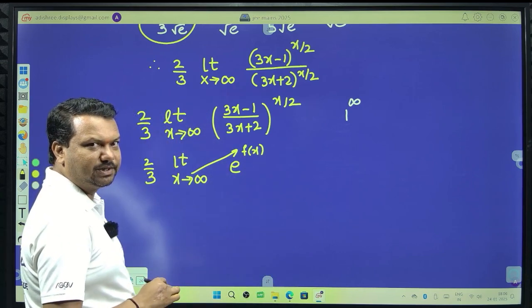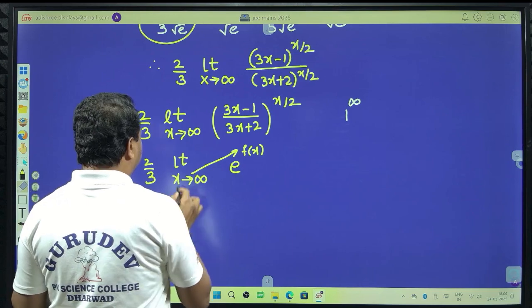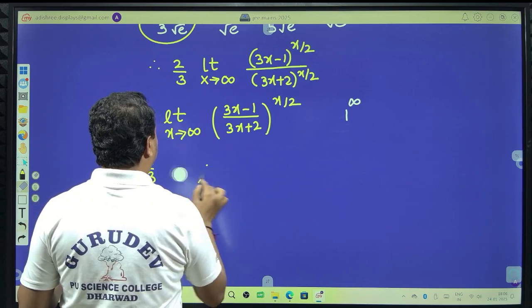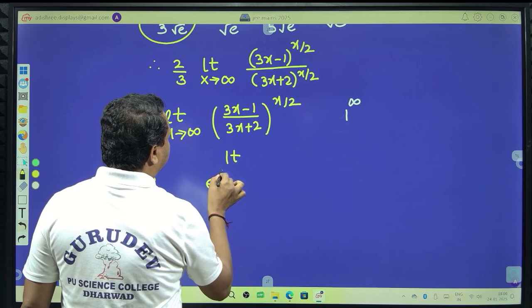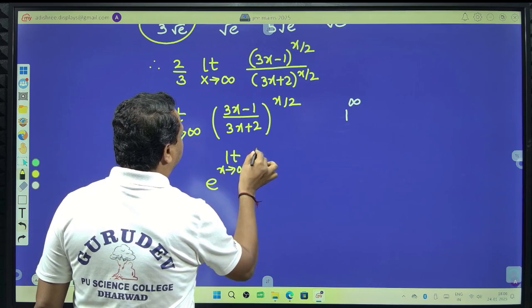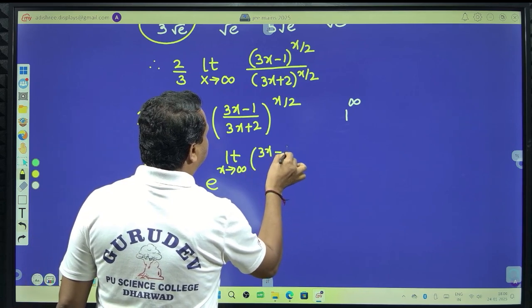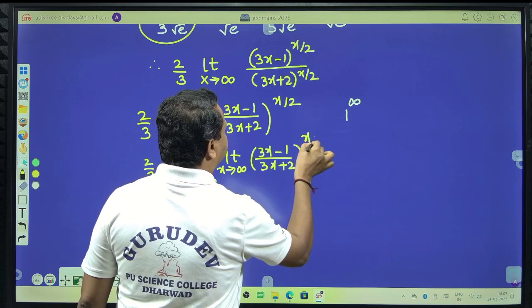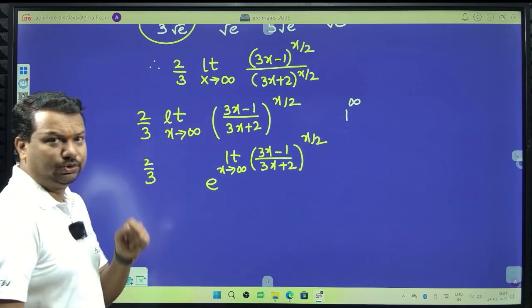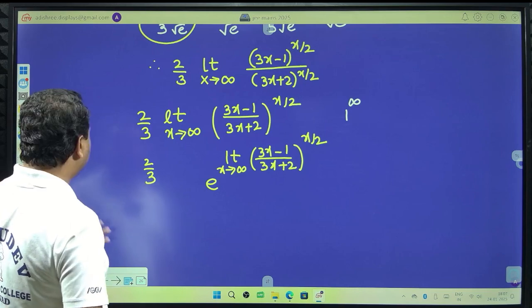I hope you are able to understand. Okay, so I will rewrite this particular step as e to the power limit as x extends to infinity of (3x minus 1 divided by 3x plus 2) to the power x divided by 2. And we know how to solve such problems.